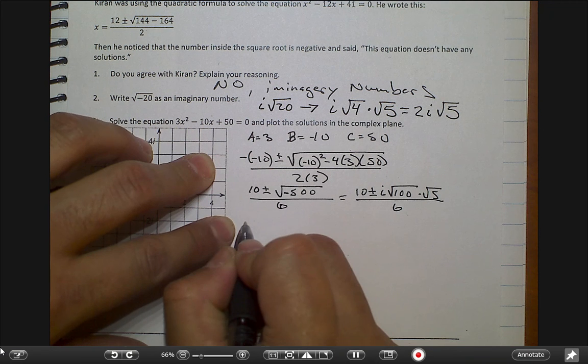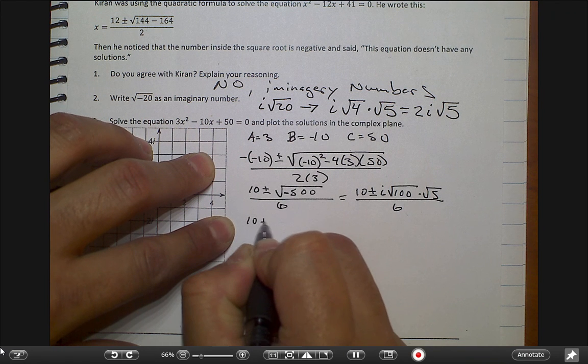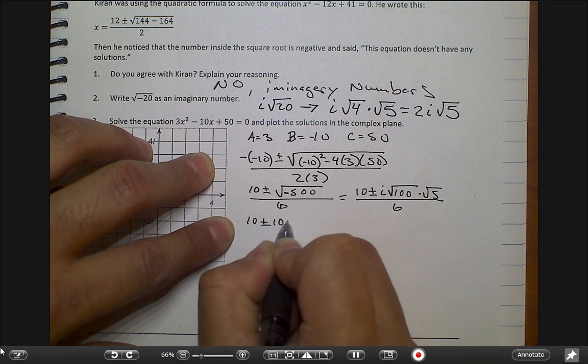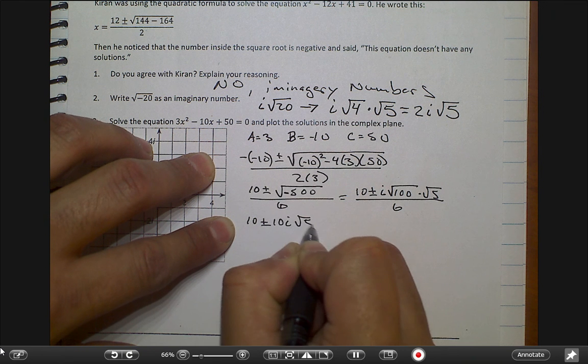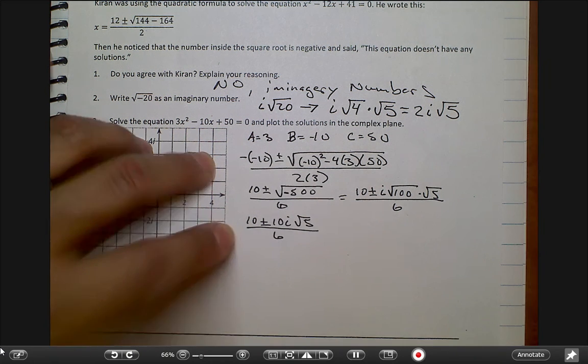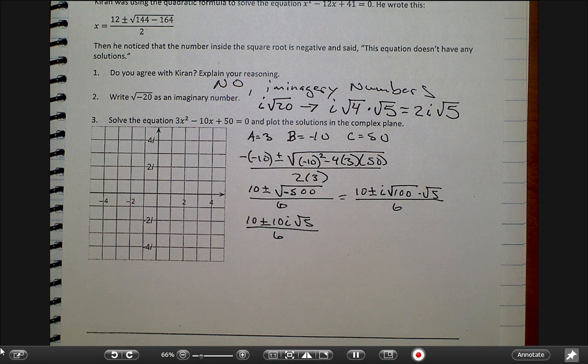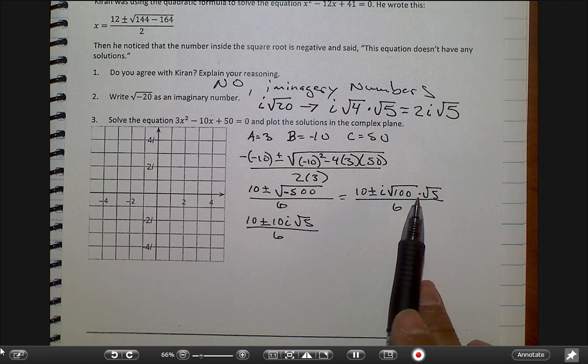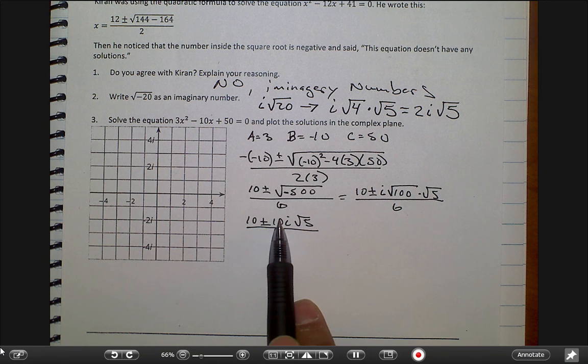So rewrite again: 10 plus or minus 10i square root of 5 all over 6. What's the square root of 100? It's 10, isn't it? And that's why it became that.